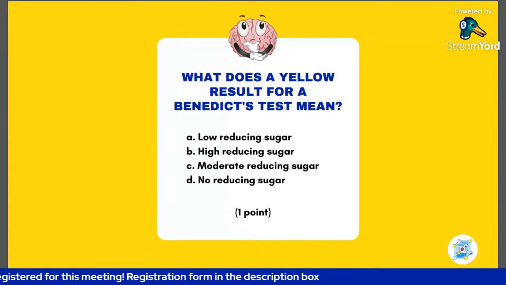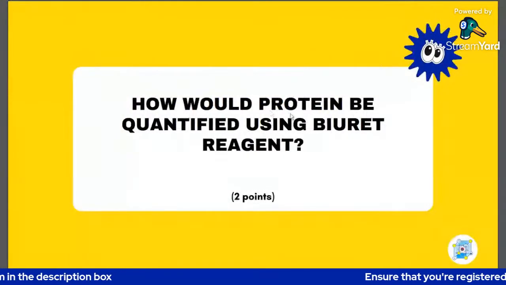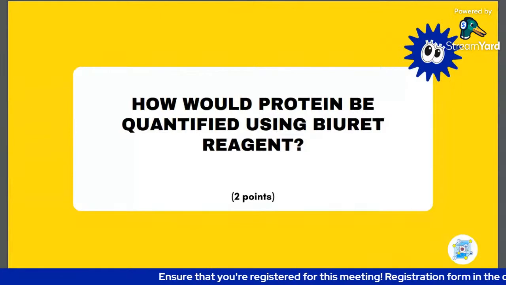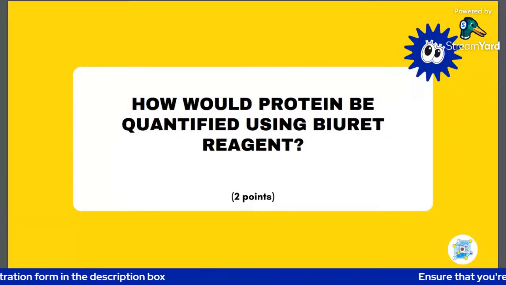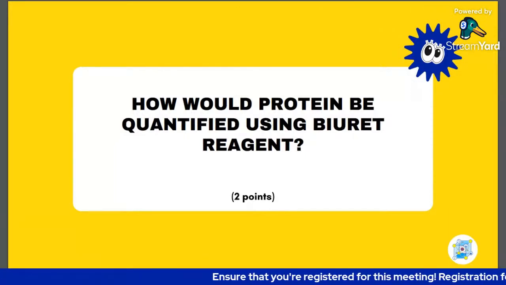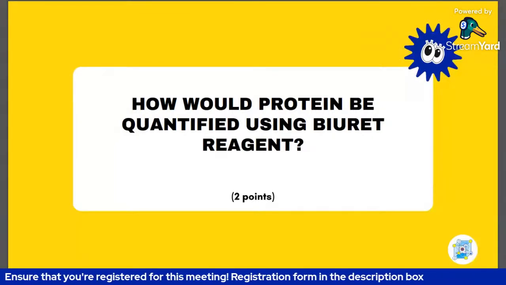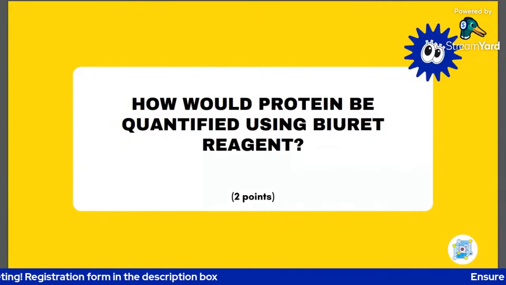So our next question, I think this is a 2-point question coming up. Yes, it is. How would protein be quantified using the Biuret reagent? So we did say that Biuret reagent, you use it to detect the presence of protein, but you can also use it to quantify.